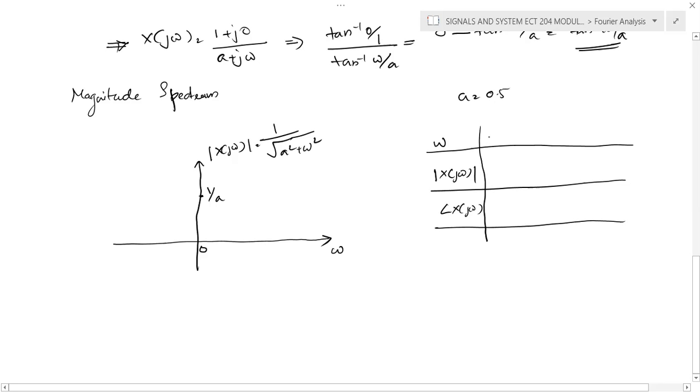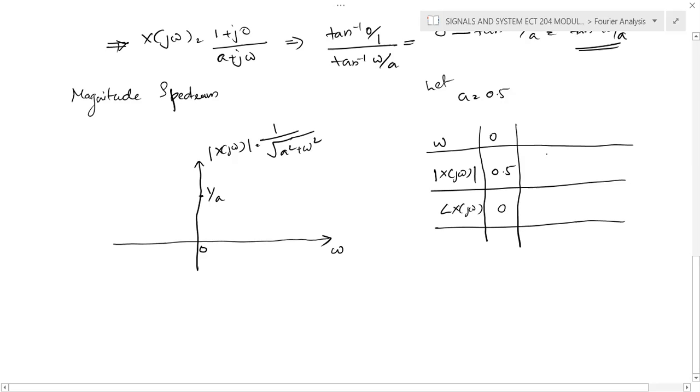Okay, then if omega is equal to 0, if you substitute here, you will get 1 by root of a square plus omega square, and assume that a is 0.5. So we'll get 0.5, and here if you calculate the angle, you'll get 0. Similarly, you can try for different values.